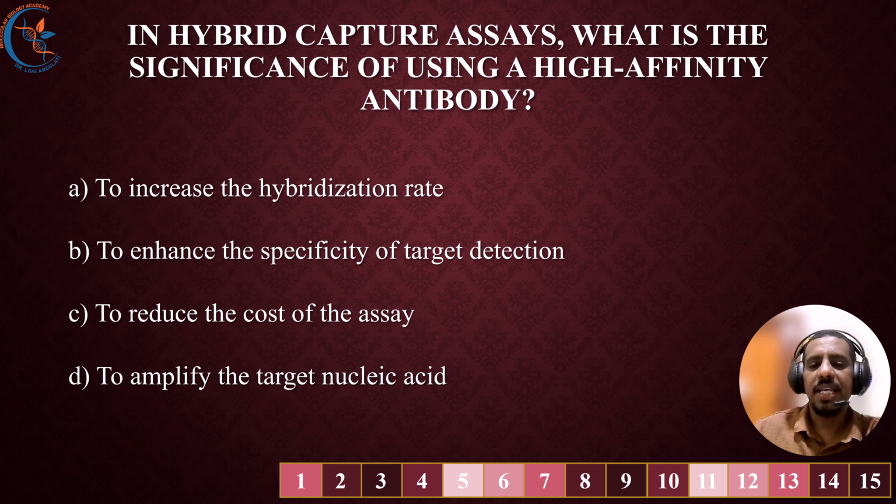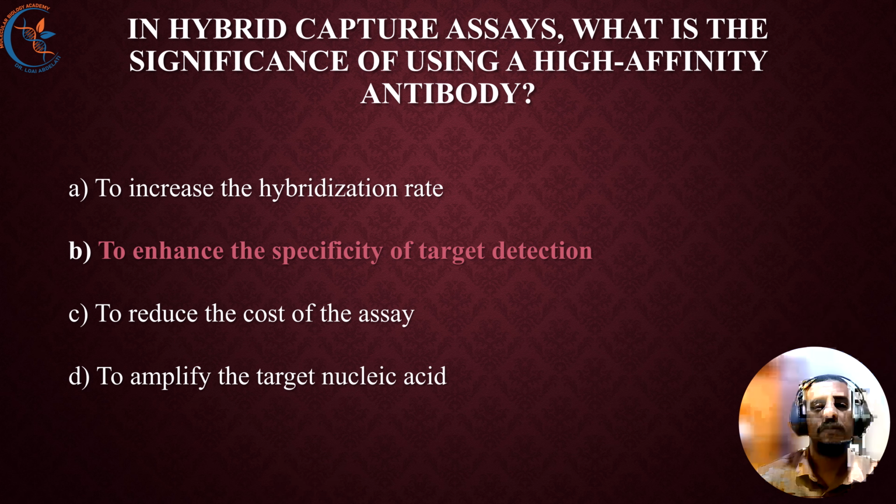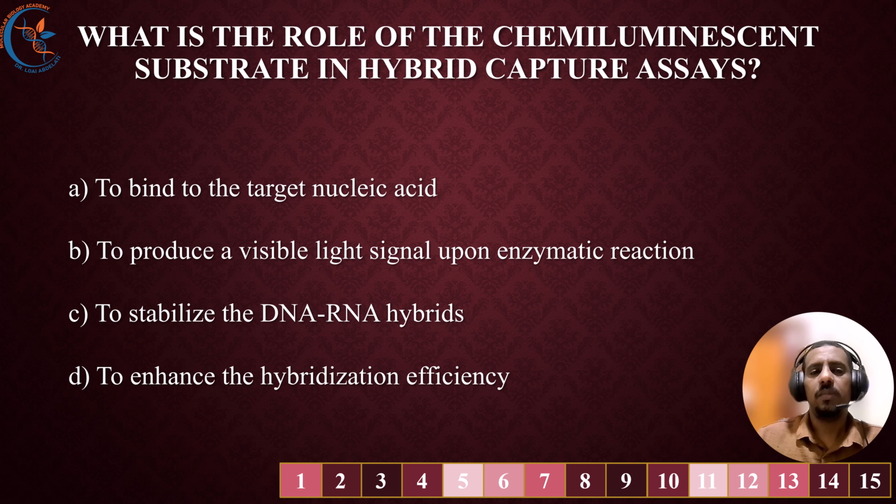In hybrid capture assay, what is the significance of using a high affinity antibody? The correct answer is to enhance the specificity of target detection. High affinity antibodies are used to specifically bind to DNA-RNA hybrids, ensuring accurate detection of the target nucleic acids. Let's move on.